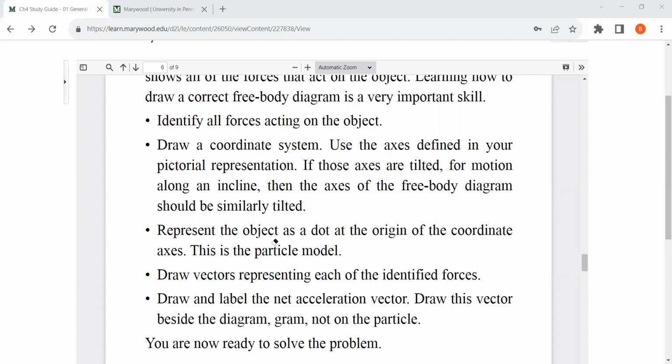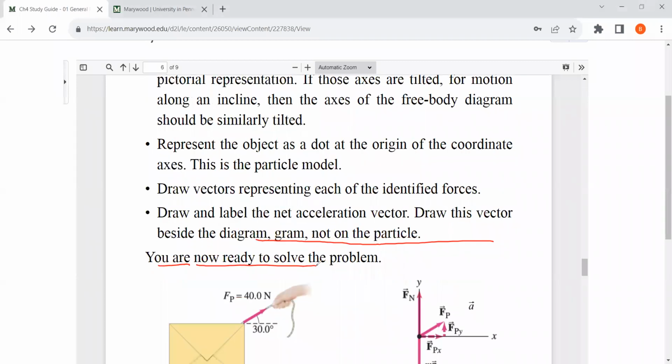Represent the object as a dot at the origin of the coordinate axis. This is the particle model. And then draw vectors representing each of the identified forces. Draw and label the net acceleration vector. Draw this vector beside the diagram, not on the particle.